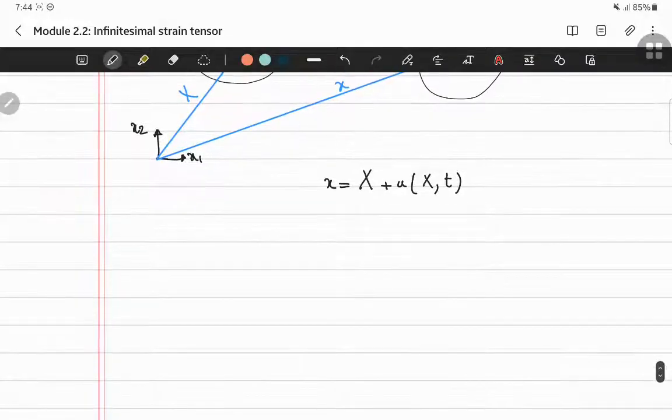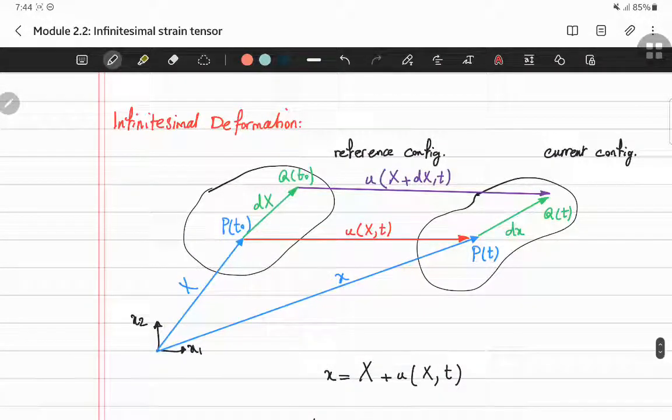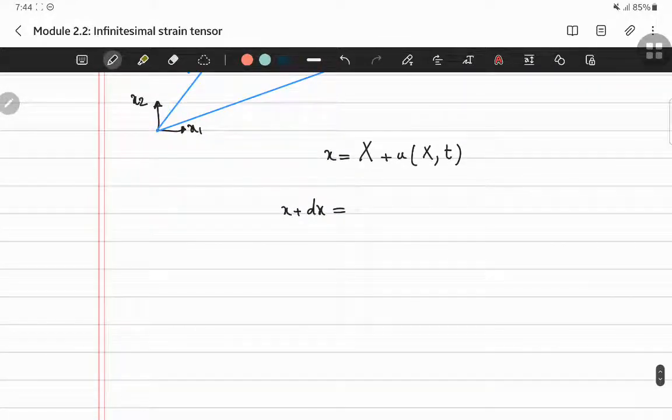And now we have X plus dX in here. So x plus dx is basically X plus dX plus this u, this purple line here. So we have X plus dX plus u, which was a function of X plus dX and t.